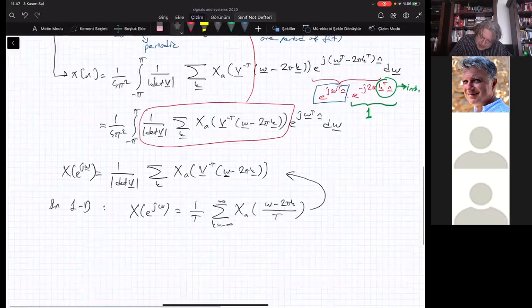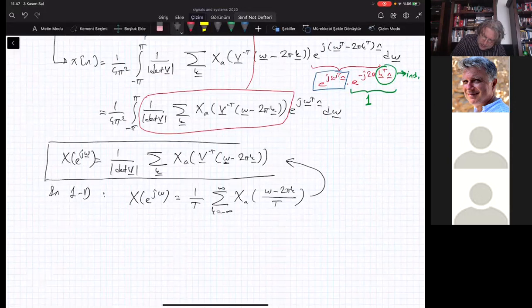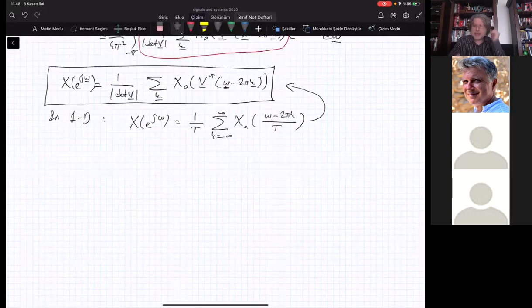I cannot really write it as from minus infinity to infinity, but it is k1 from minus infinity to infinity and k2 from minus infinity to infinity. So let's put this thing in a box, because that will tell me how to make 2 pi periodic replicas.